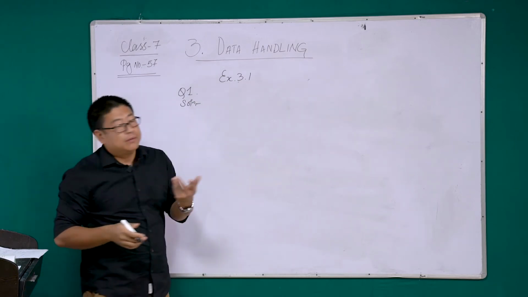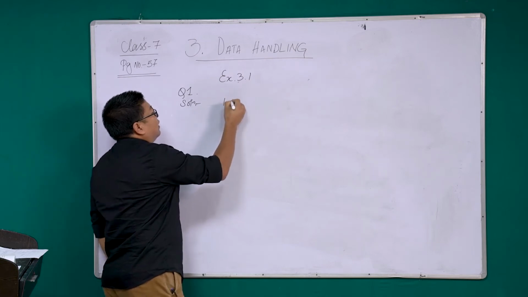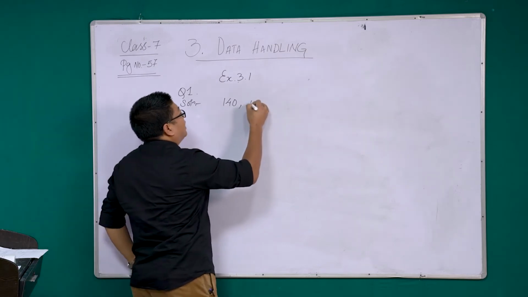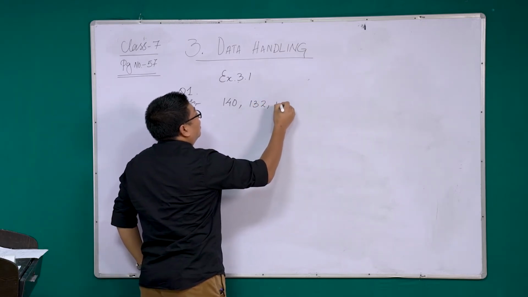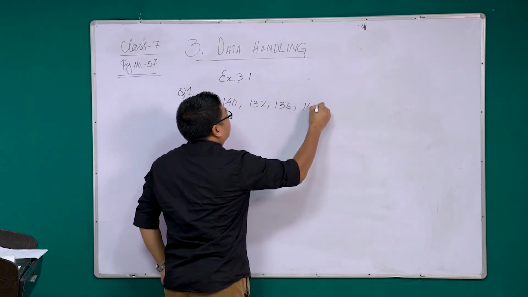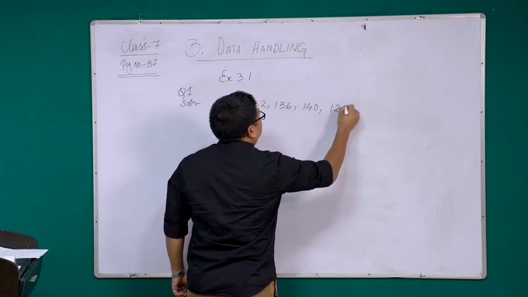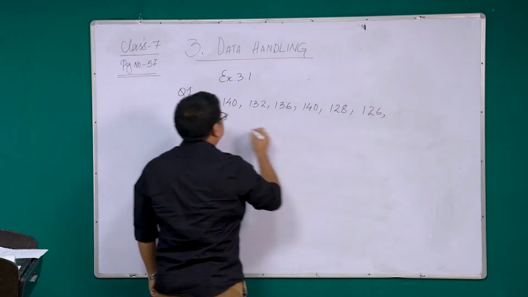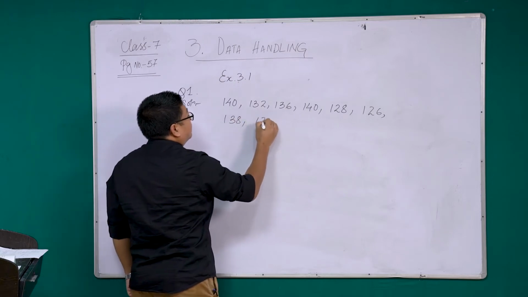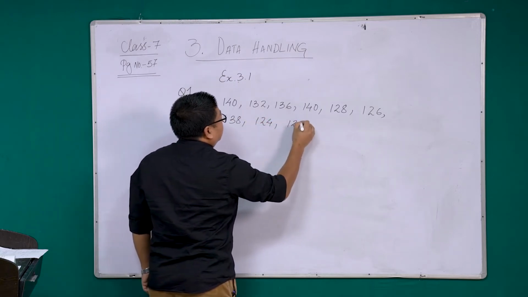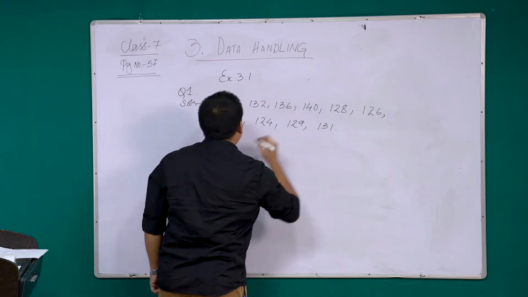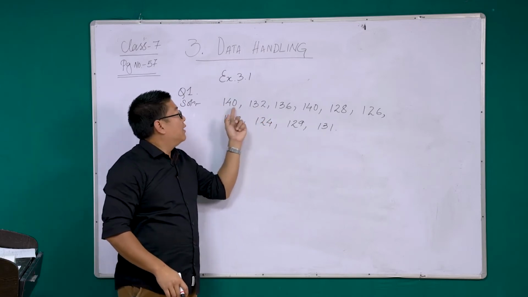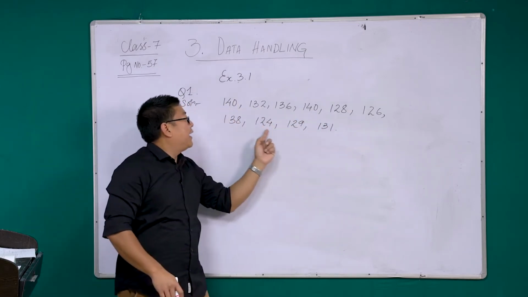Let's take the heights of 10 students, in centimeters: 140, 132, 136, 140 again, 128, 126, and so on, up to 10 values. 1, 2, 3, 4, 5, 6, 7, 8, 9, 10. These are the heights of 10 students.